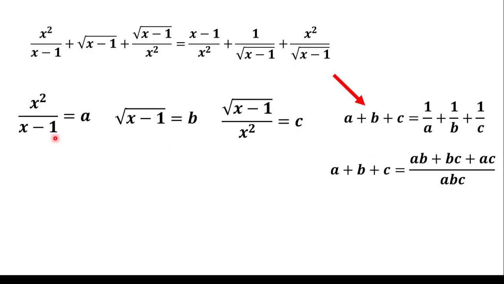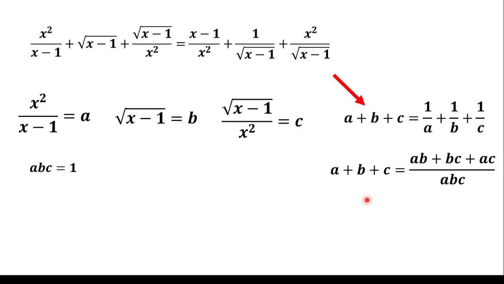If we multiply a, b, and c, we're going to get x squared over x minus 1 times square root of x minus 1 times square root of x minus 1 over x squared, and this x squared is going to cancel out, and square root of x minus 1 times square root of x minus 1 equals x minus 1, and x minus 1 over x minus 1 becomes 1. So a times b times c equals 1.